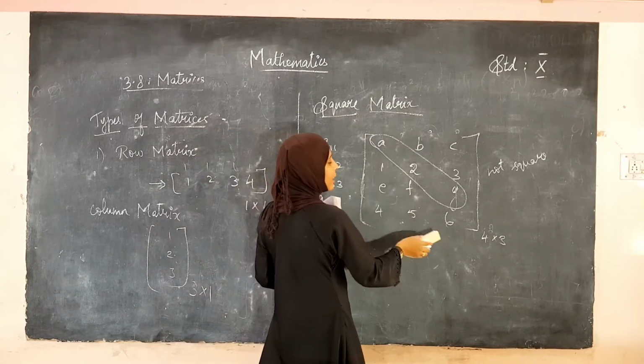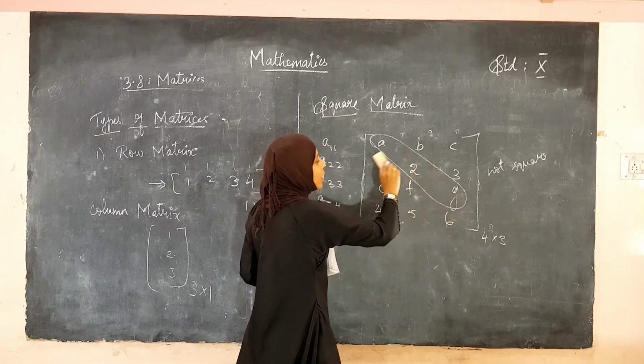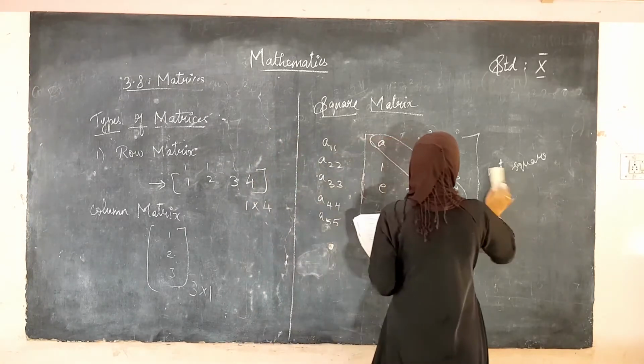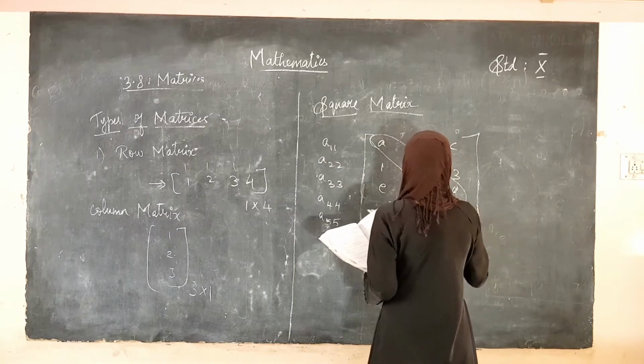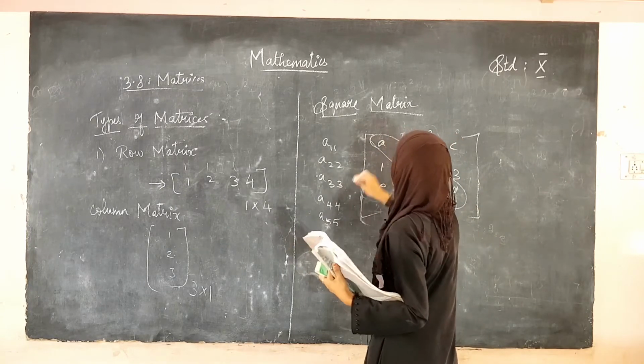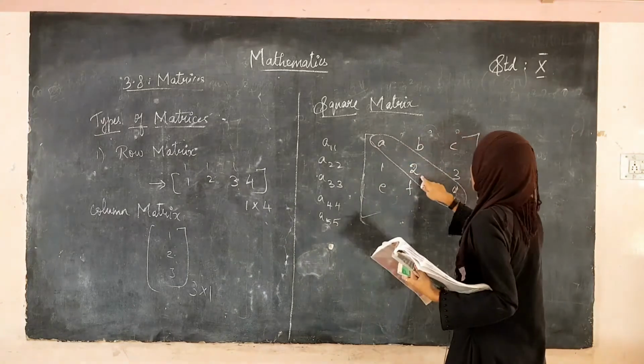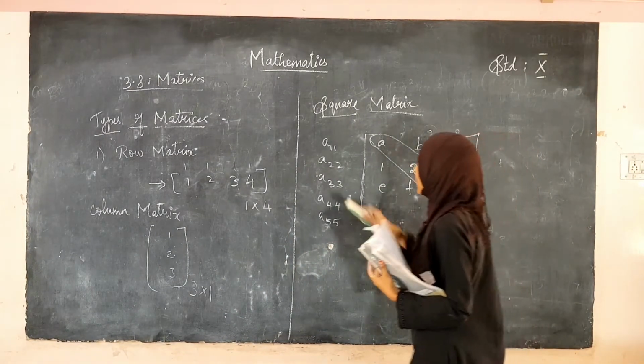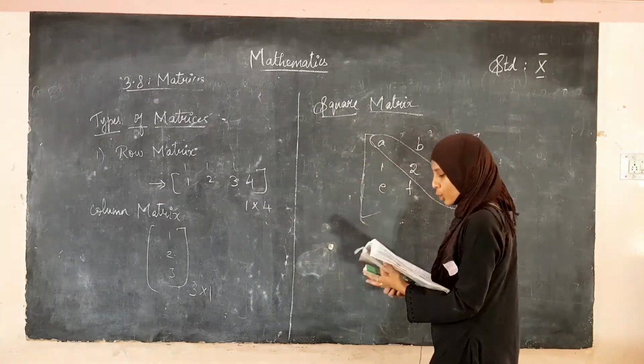So, the diagonal elements are found only in the square matrix. See here, in this square matrix the diagonal elements are A11, A22 and A33.